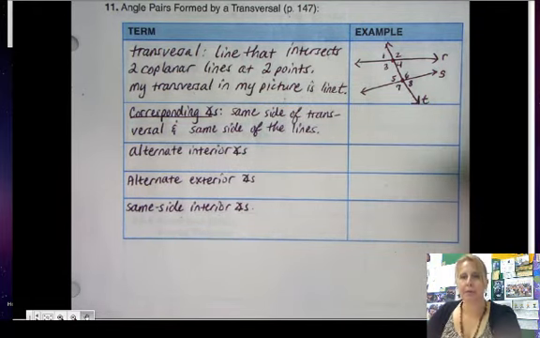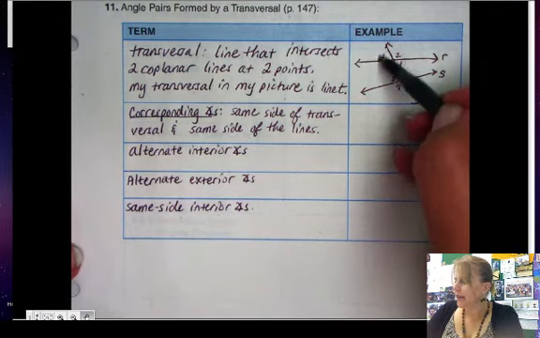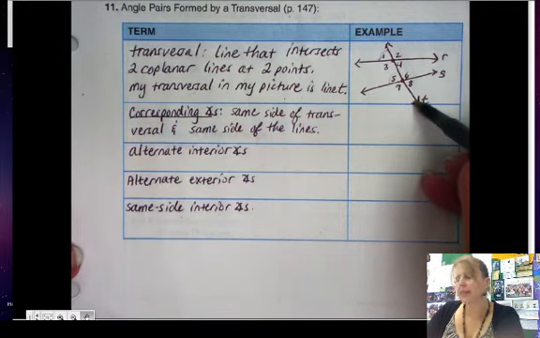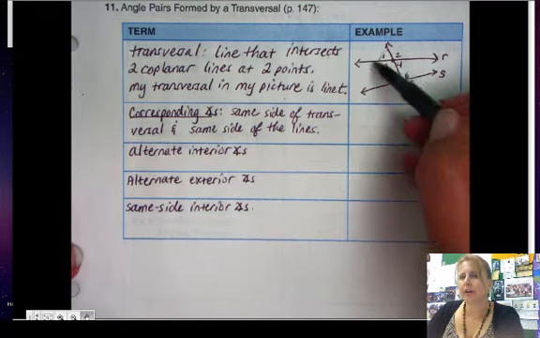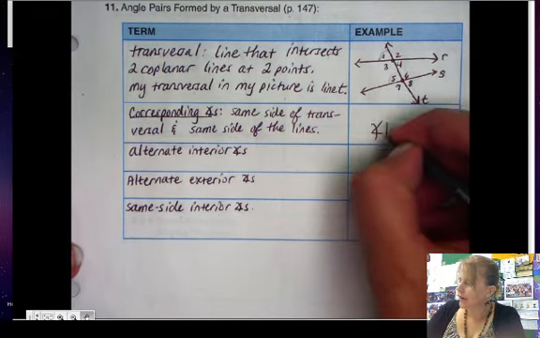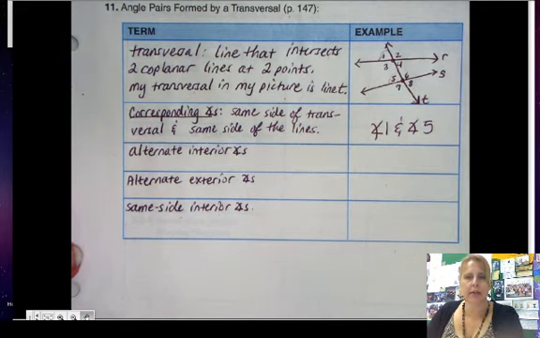So for example, in my picture here, angle 1 and angle 5 are both to the left of transversal T, and they're also both above my two lines R and S. So angle 1 and angle 5 are corresponding angles.